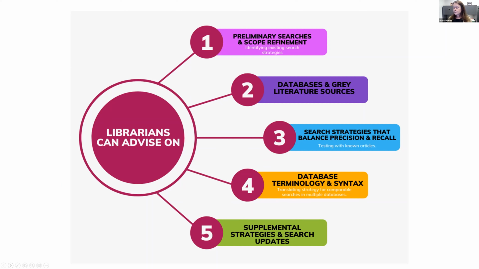Working through the process with you of developing a search strategy that will let you collect the evidence that you need, and then helping you navigate database features and quirks, so that when you do conduct the searches, they're comparable searches in multiple databases. So next, Mira and Anjuli are going to talk about how this aspect of the review went for them.